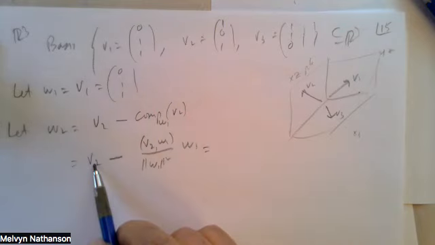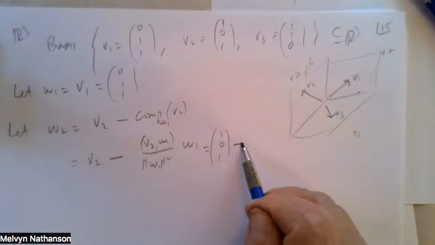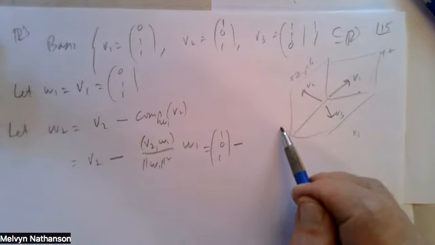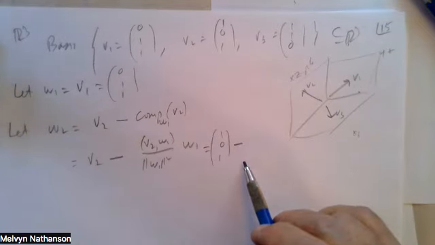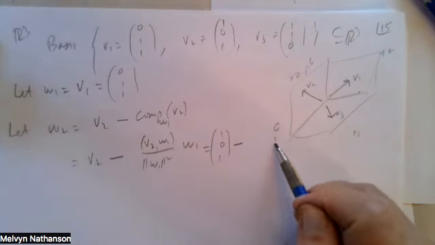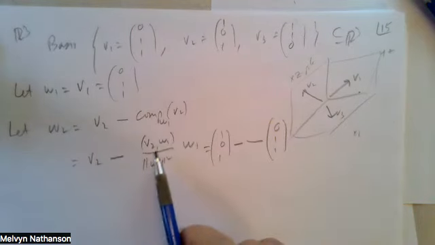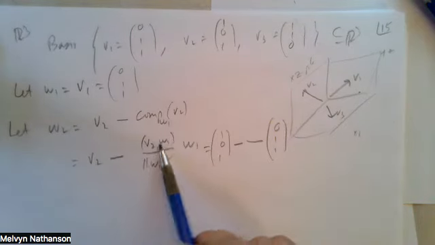What is that? V2 is 1, 0, 1 minus something times the vector W1, which is 0, 1, 1. And what I'm subtracting is the inner product of V2 and W1.